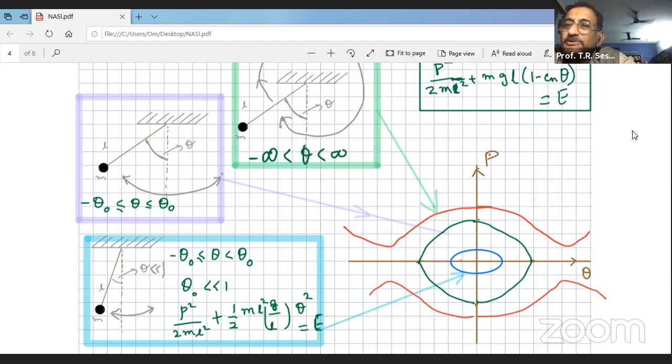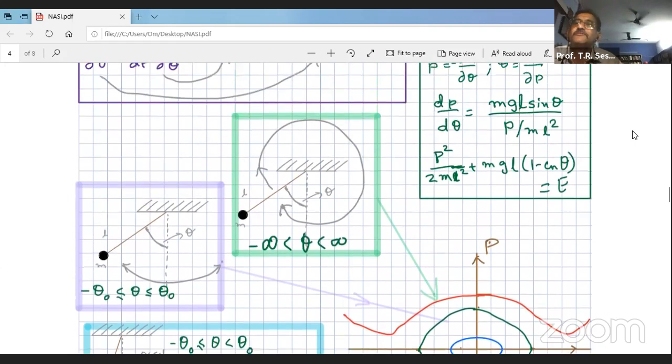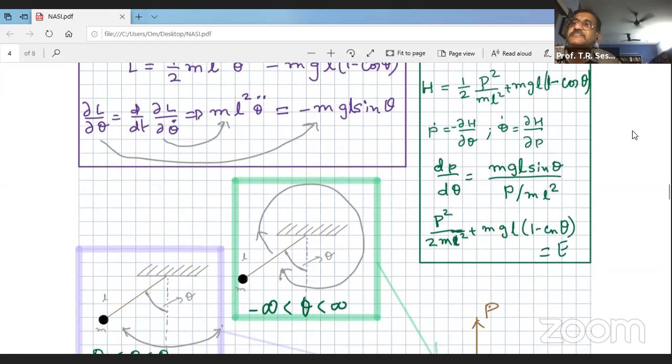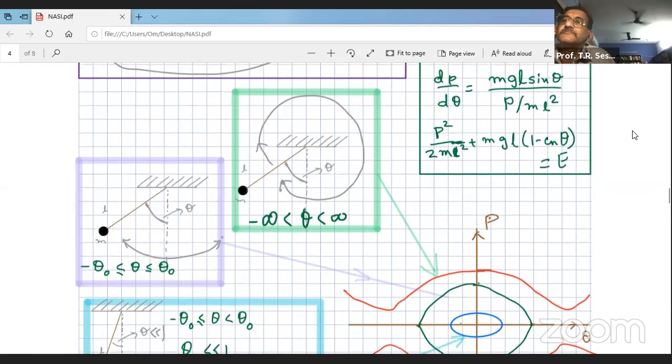Just check it out. Yeah, so Jahan is mentioning that it's 1 minus cos theta. When I differentiate it, it will be plus sine theta, and there'll be a minus sign. So you're right, Jahan. I think probably there is a minus sign missing there. Just check it out. Yeah, that's correct. I think it's a minus sign missing there.